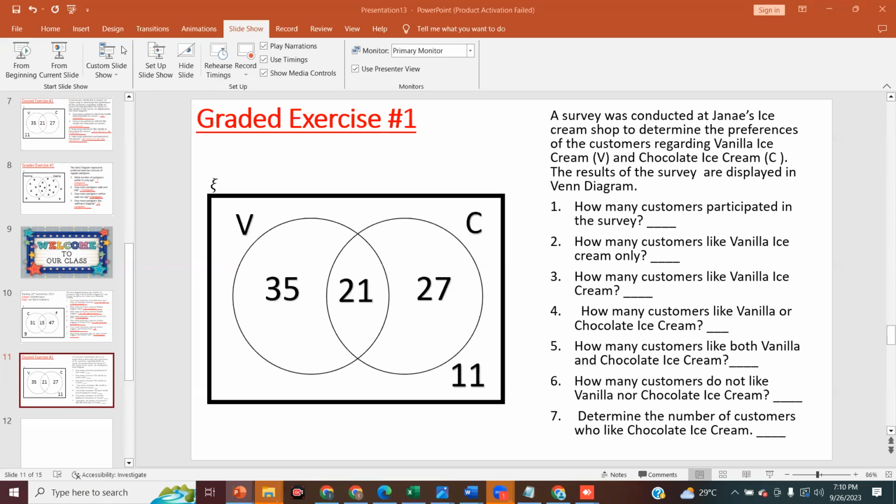Zaria, what number are you on? Number 6. Zara, what number are you on? I'm on number 5. All right. Taya, what number are you on? Number 4.